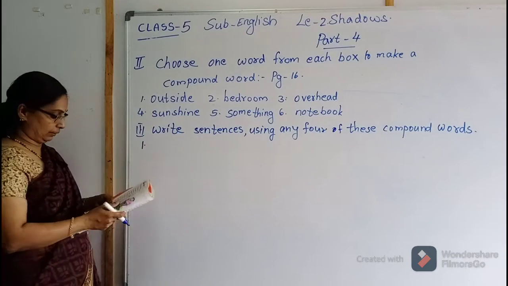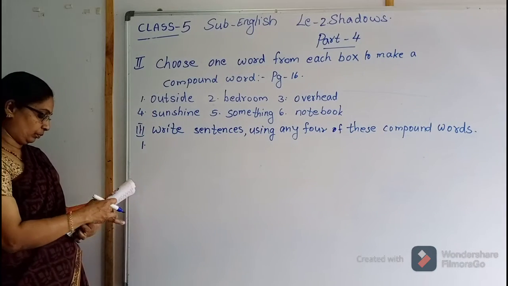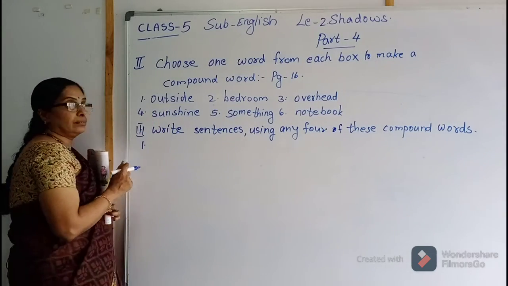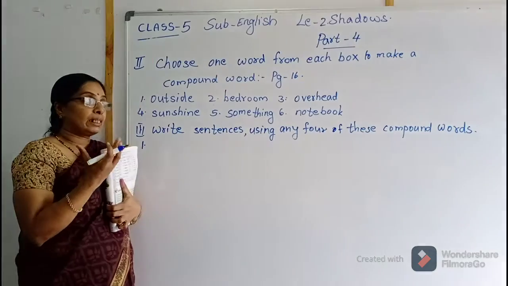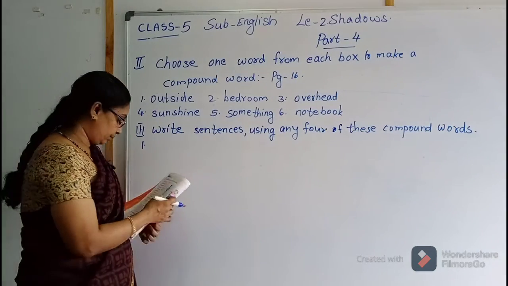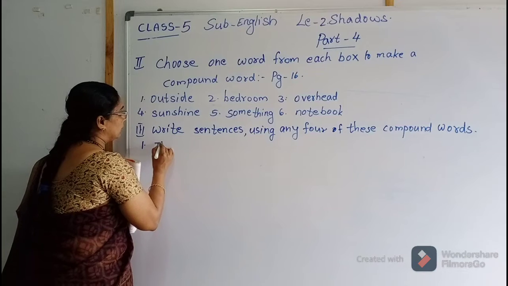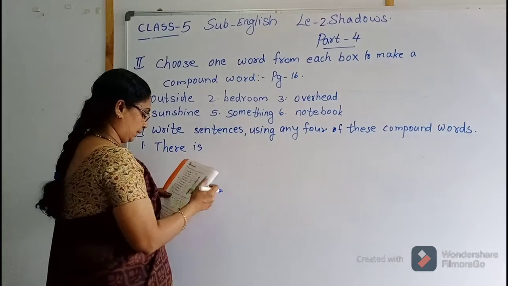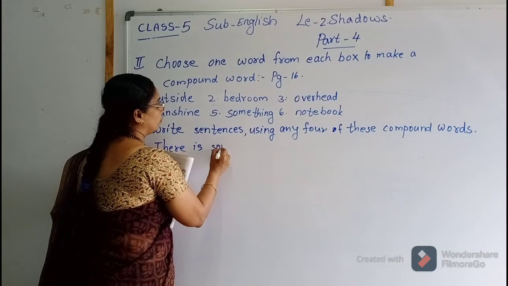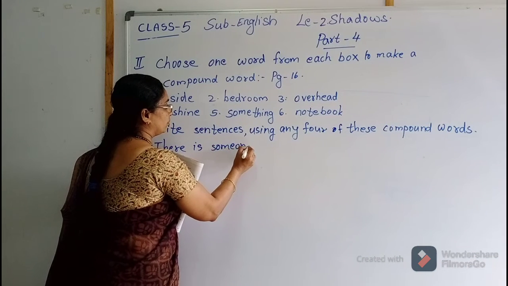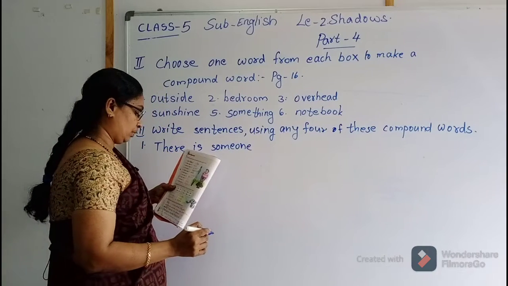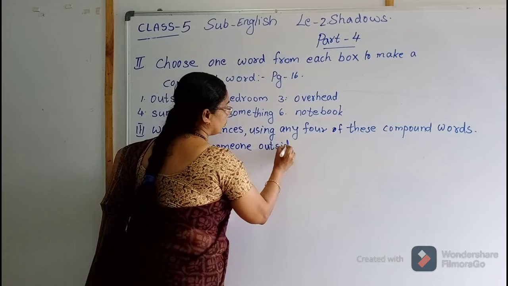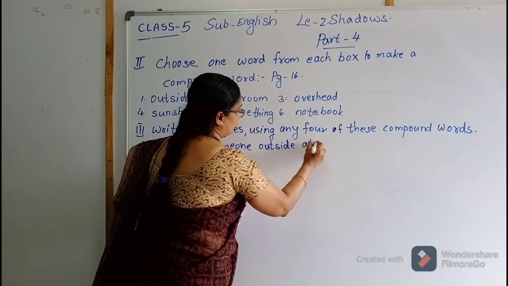Then the first one is the first compound word we found here, outside. So write a sentence with outside. That is, there is someone outside at the gate.